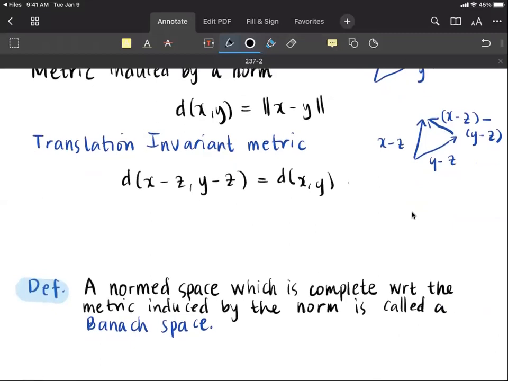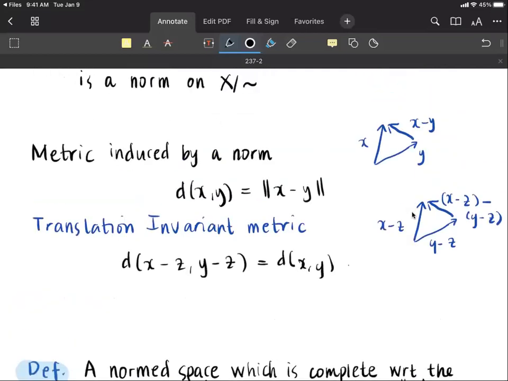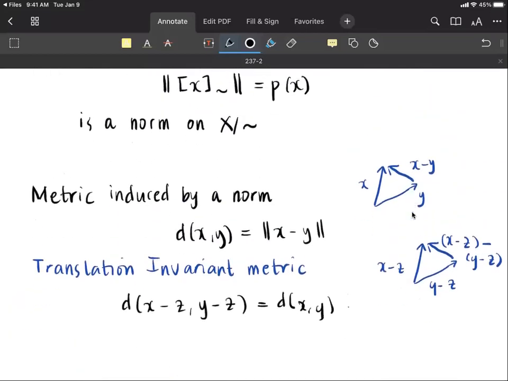Okay, so what is the complete version of a norm space? A norm space which is complete with respect to the induced norm, or induced metric, I should say, is called a Banach space. Again, if you have a norm space, you have a norm, you have an induced metric.